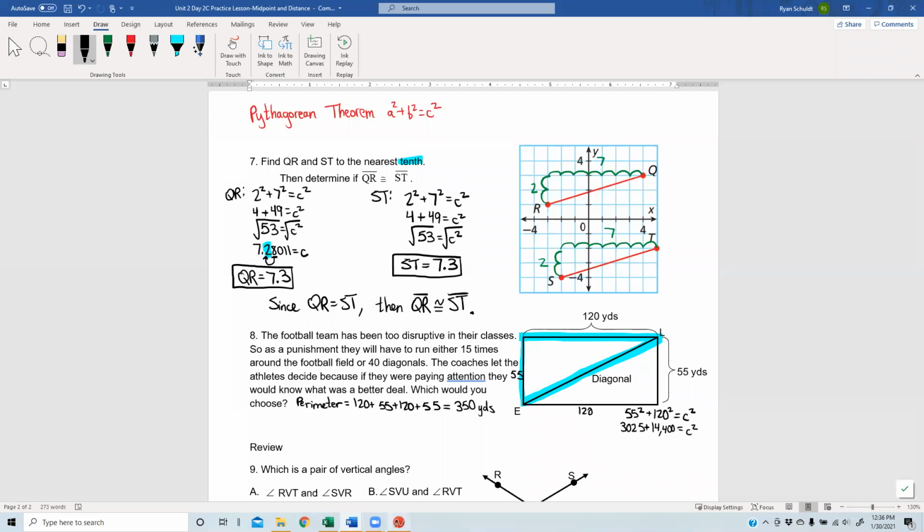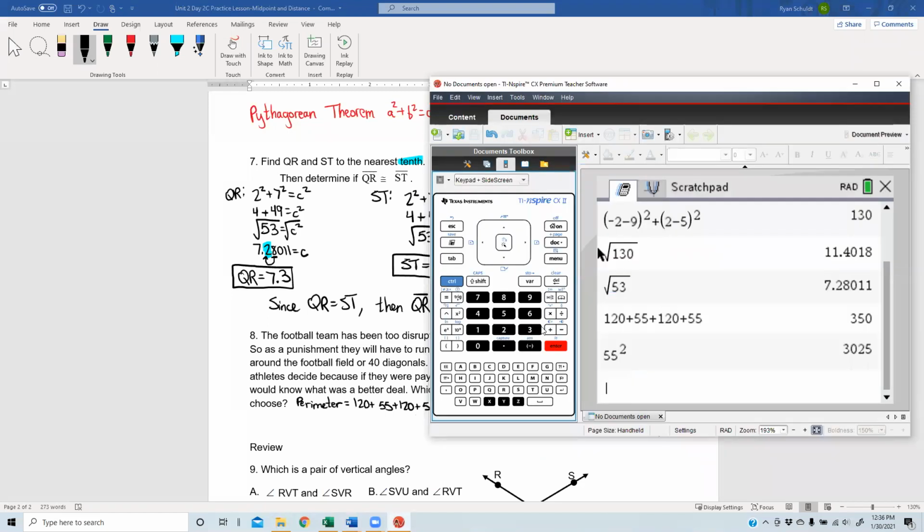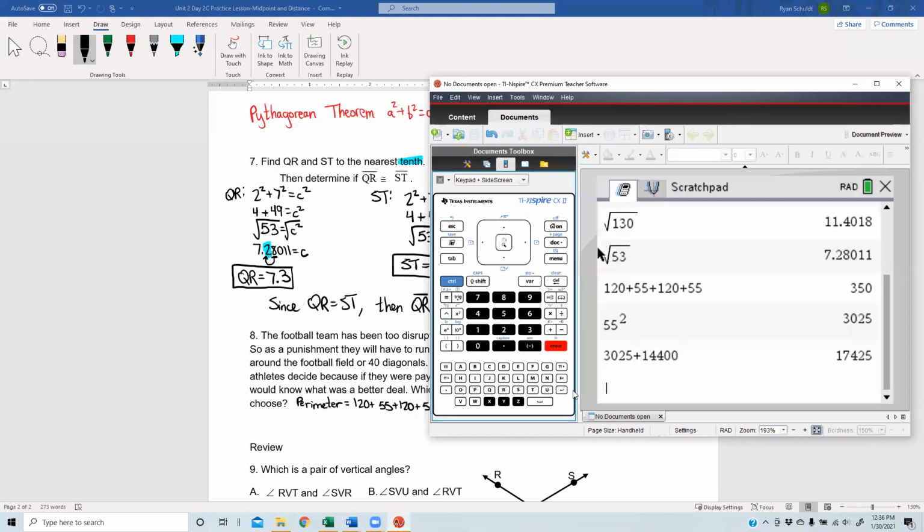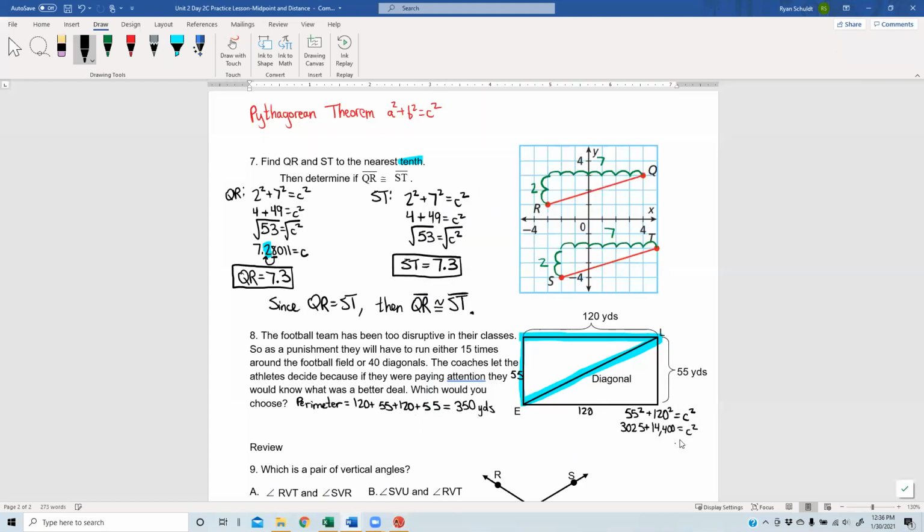Add those together. So 3025 plus 14,400, you get 17,425.